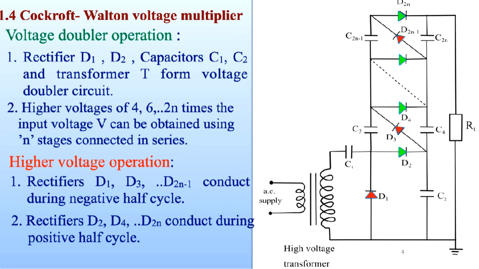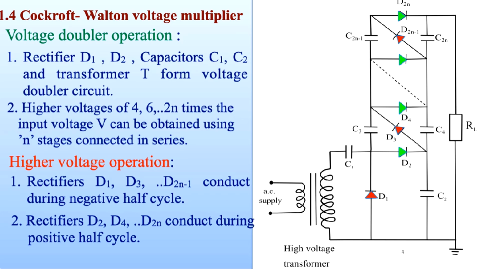But as we go on increasing the level for getting higher and higher voltage, we start adding capacitors. The capacitor level can reach up to C2n minus 1 and C2n. Similarly, the diodes added can go from D2n minus 1 to D2n, and across that the load resistance can be added.